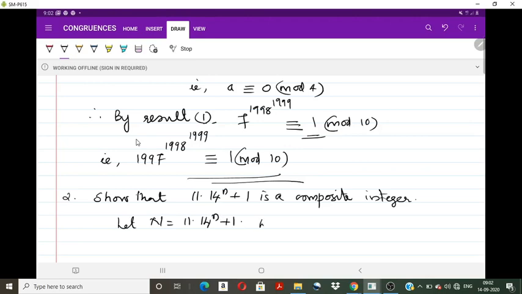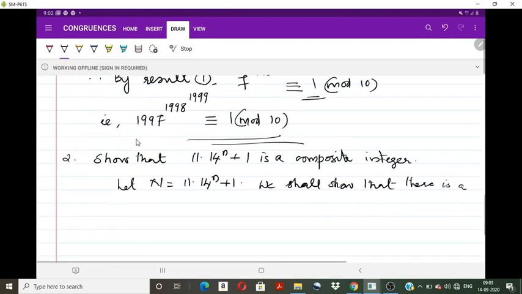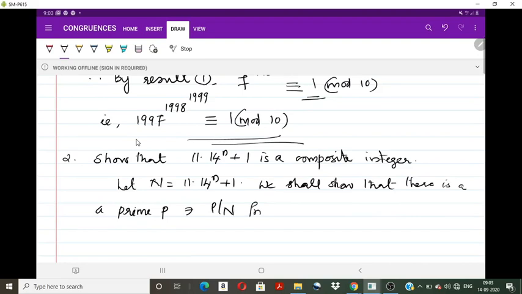We shall show that there is a prime p such that p divides N for some p.